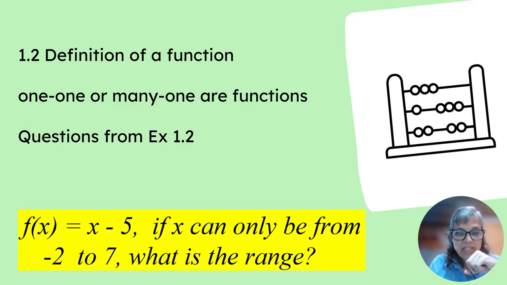When you're doing the questions from 1.2, they restrict the domain. So they say, okay, I have a function of x that equals, for example, x minus 5. But what is the range if x can only be from minus 2 to 7? So what you have to do is calculate. If it's minus 2, then it must be as low as minus 7.